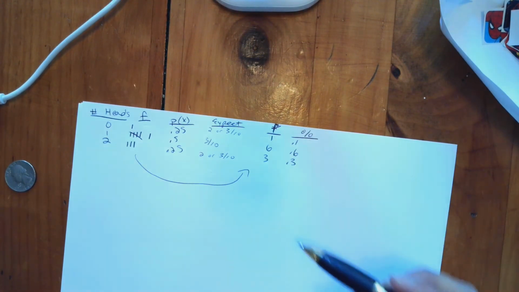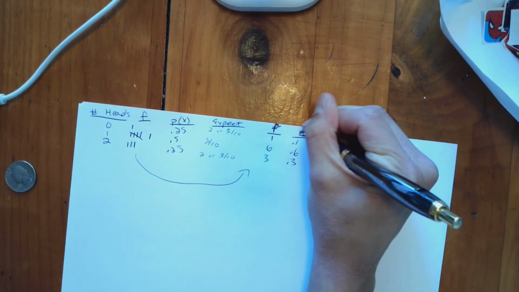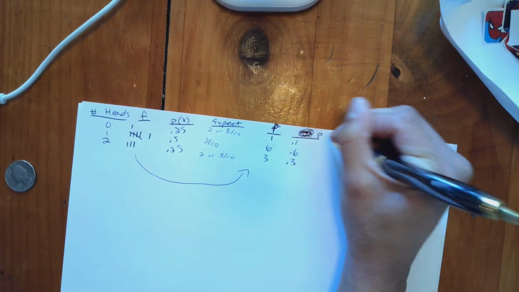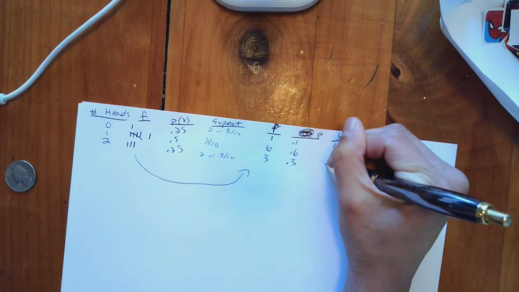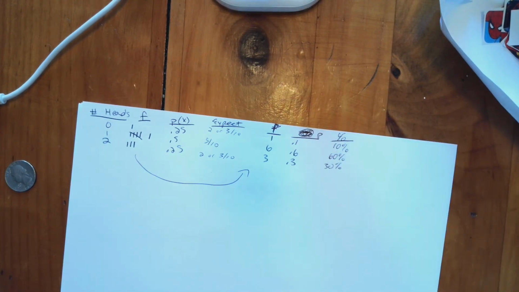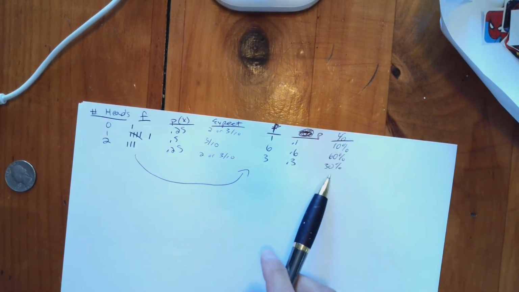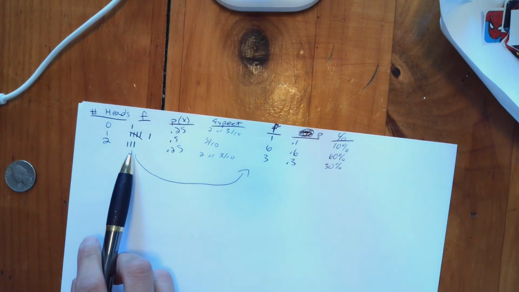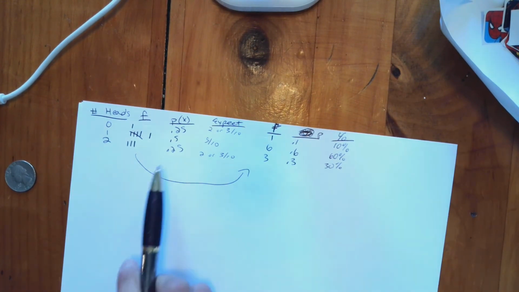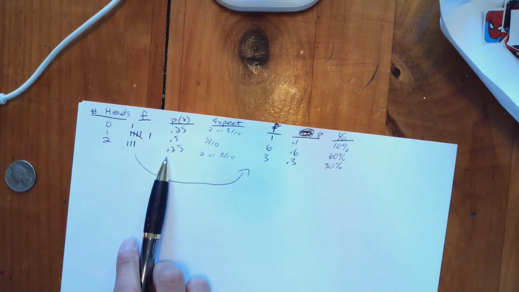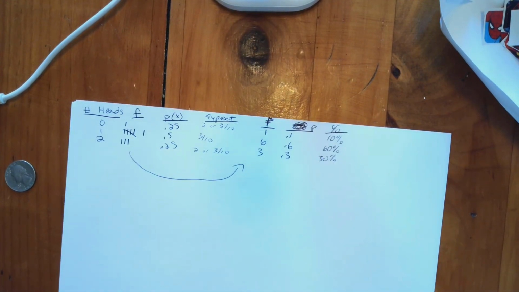Sorry, this should say proportion, and then I could also write percent. So our percentage of twos in the sample is 30% for a proportion of 0.3, and that's close to what we would expect based on our probability distribution, where this is 0.25. But again, it's not exact.